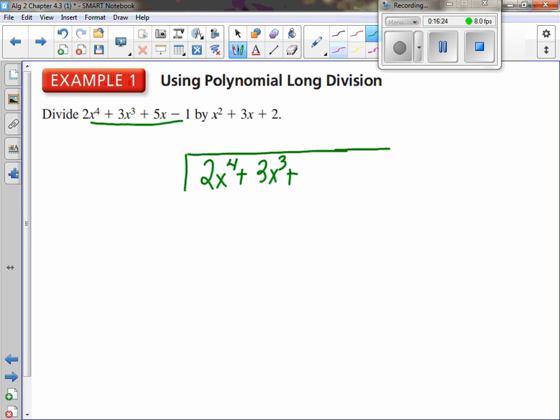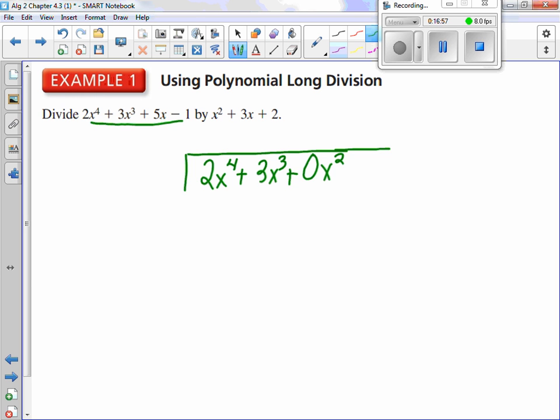Am I missing a term? Because we have 4, 3. We need a 2, yes? Because we don't have an x squared. I'm going to add x squared in. What number should I write in front of it? How many do we have? I don't have any x squareds, but I can add it in by adding in 0x squared.